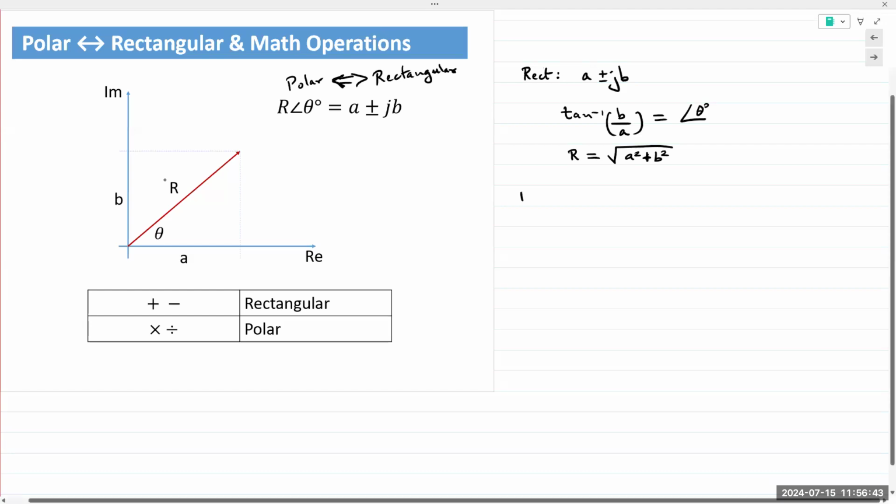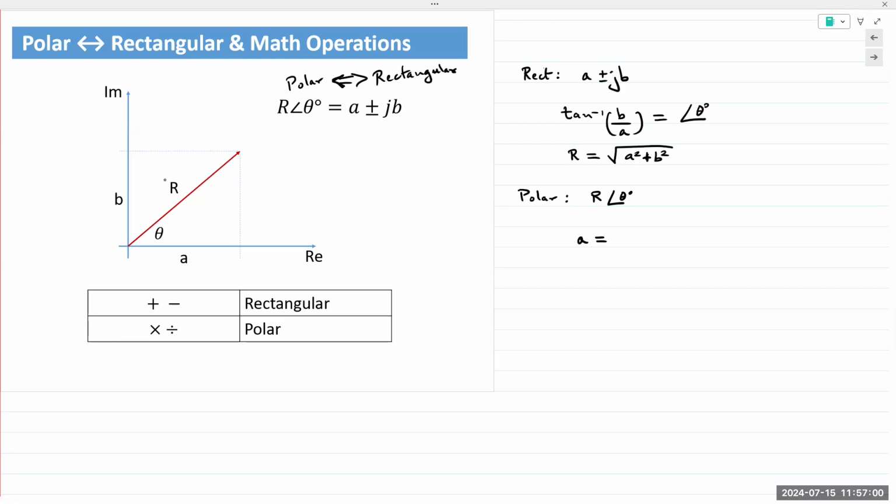Okay. If you have polar coordinates, meaning if you have r angle theta, and you wish to find A, let's see, A is adjacent. I'm trying to recall these from memory. I shouldn't have done this. A would be what? Sine theta?